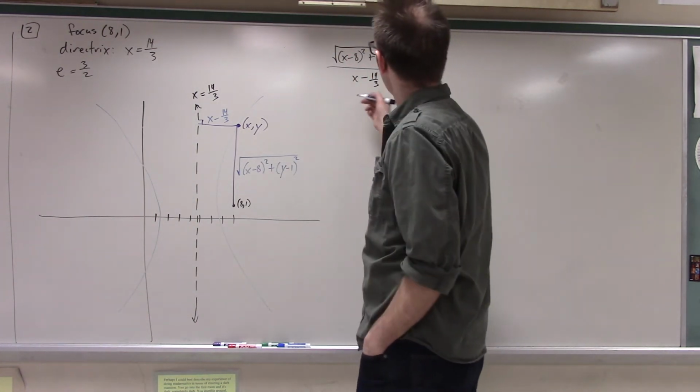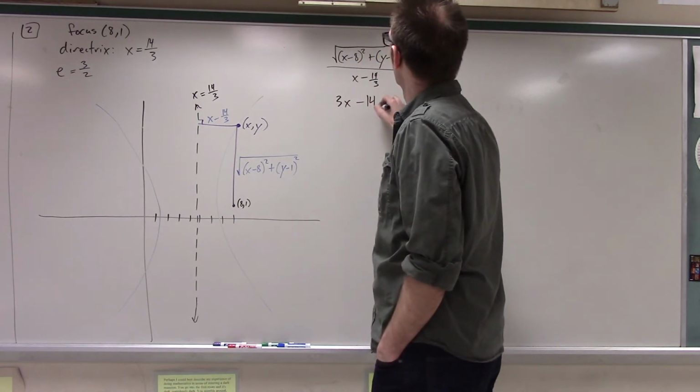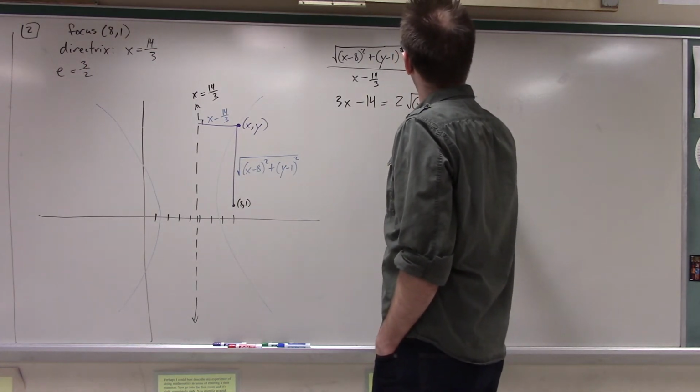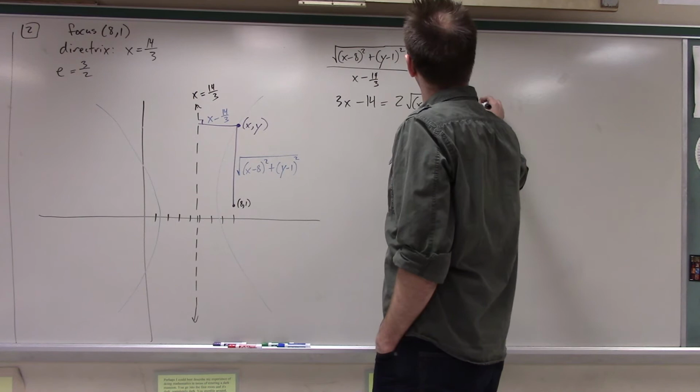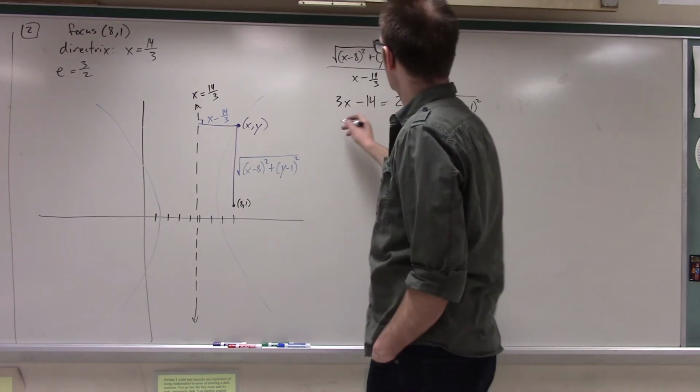All right, so cross multiply, 3x minus 14 equals 2. Let's do this out.